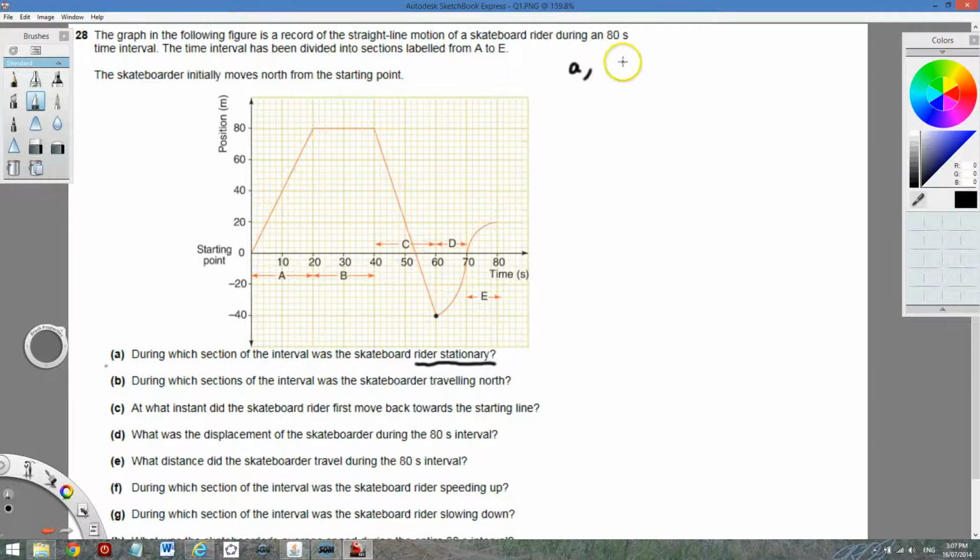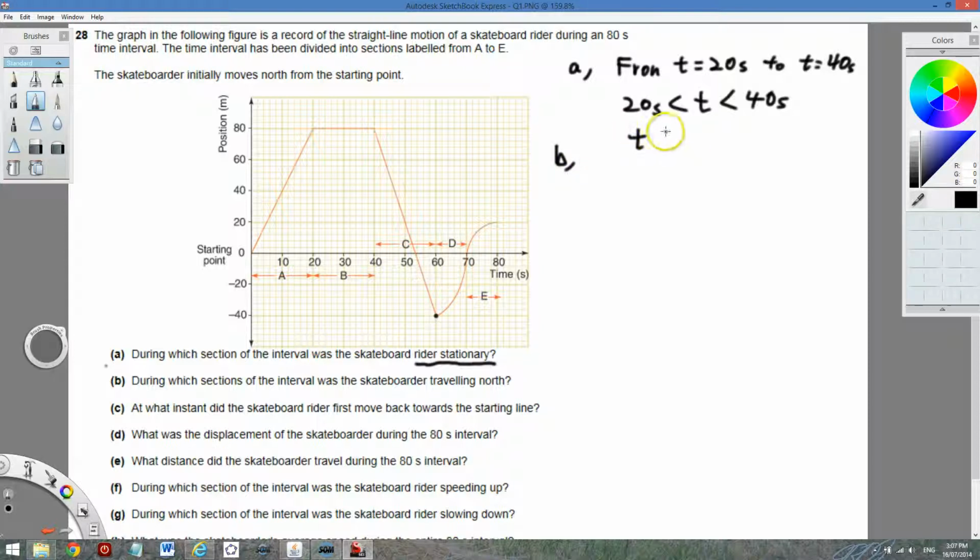So the section is from t equals 20 seconds to t equals 40 seconds, or you can write down 20 ≤ t ≤ 40, it is stationary. Don't be afraid to use mathematical symbols when answering these questions. There are three ways of answering it, and any of them will be fine.